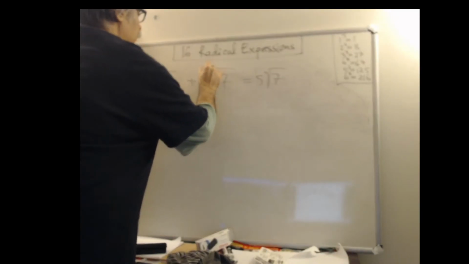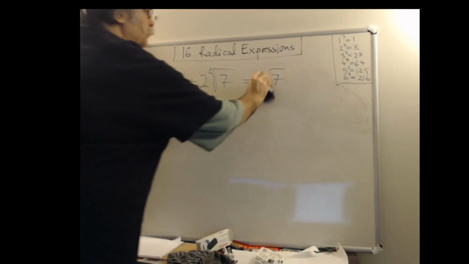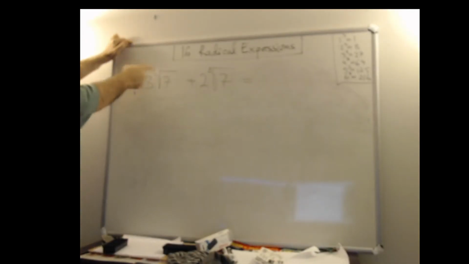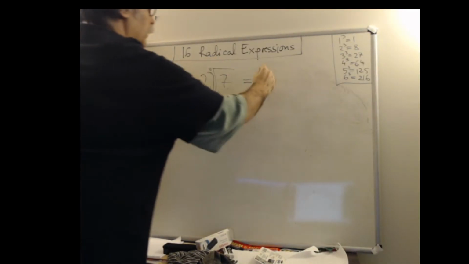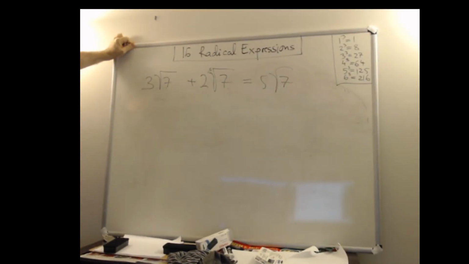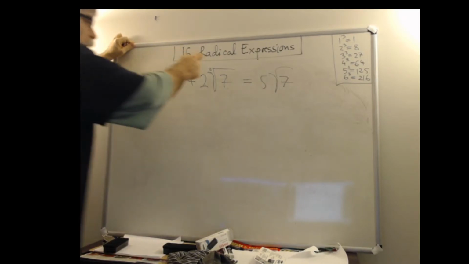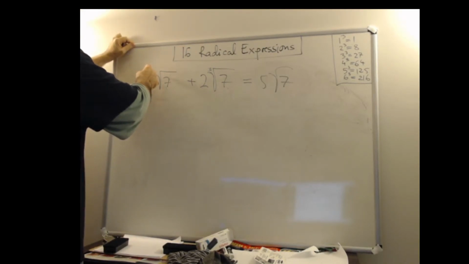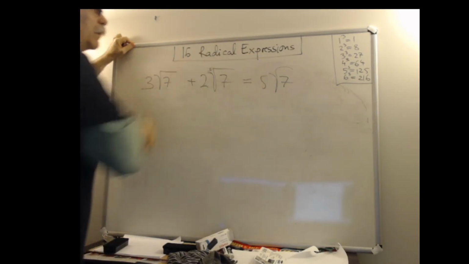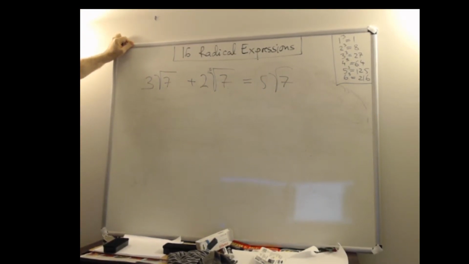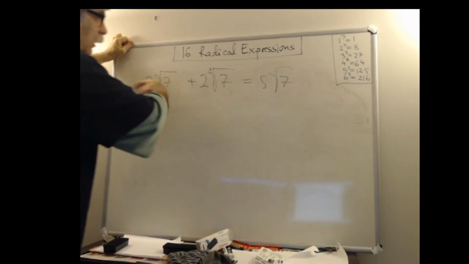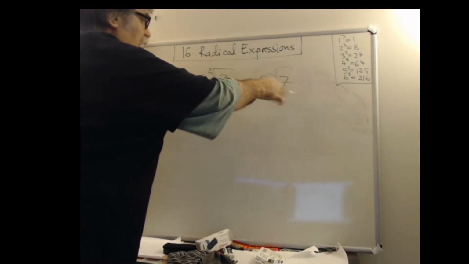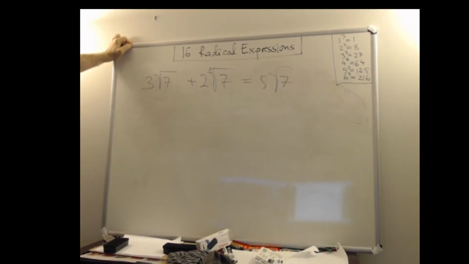Sometimes people do this stuff. Okay? Alright, 3 radical 7 plus 2 radical 7, 5 radical 7. Mistake. Because this one is a cube. So you have a square root and a cube root, and you end up with a square root. Where did the cube go? Use your calculator. Your calculator will tell you that this side here is not the same as this side here. So that's a mistake.